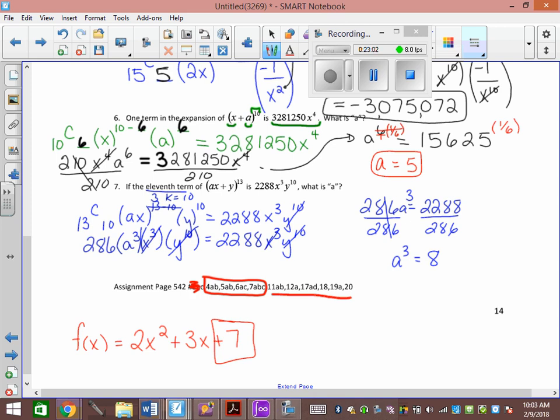Say you did k equals 12 by accident, your x's and y's aren't going to cancel, so you'll catch yourself. This is mainly a numeric response question. Take the cube root. We could do this, or what could we have done? Raise it to the 1/3. a equals 2.